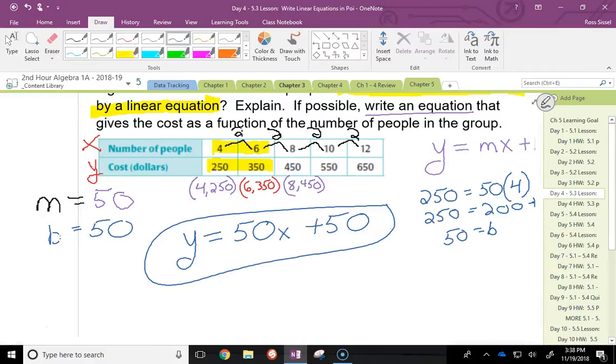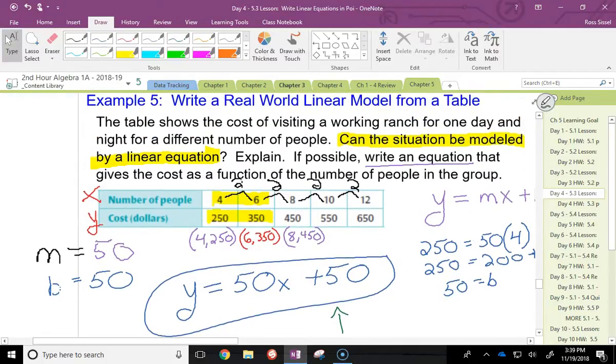Think real quick, what would the y-intercept 50 be then? Because if I graph that, my coordinate would be 0, 50. So I have no people and it costs me $50? That would mean like a business charges you $50 no matter what. So, what was this talking about? The table shows the cost of visiting a working ranch.